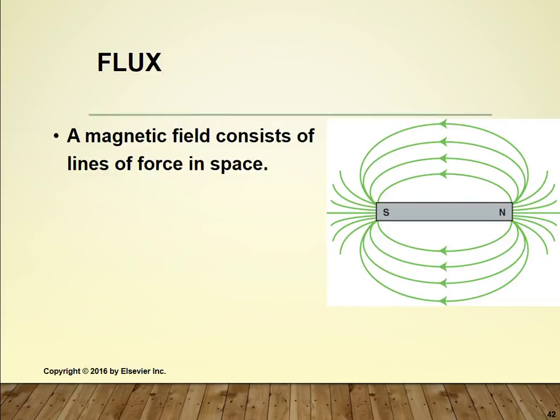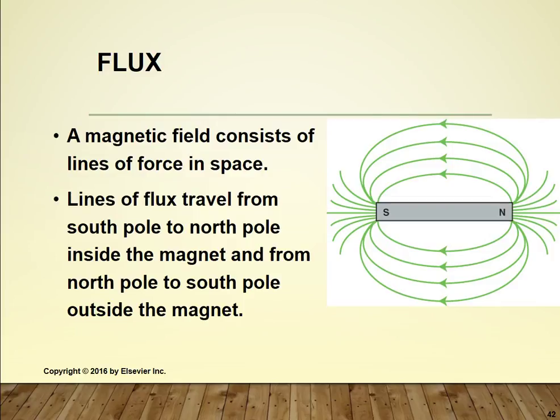A magnetic field consists of lines of force in space called flux. And they have three basic characteristics. So the first characteristic I'm going to talk about here is that lines of flux travel from the South Pole right there, to the North Pole inside the magnet, and from the North Pole to the South Pole out here.